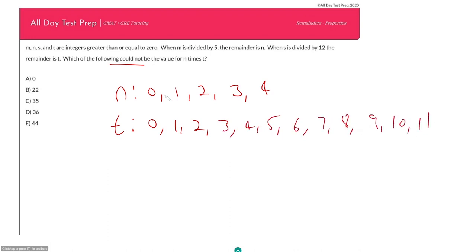And this is really all we know about N and T, that these are their possible values. If this is really all the information that we can glean about our remainders, then we should be able to answer our question just based on this info.